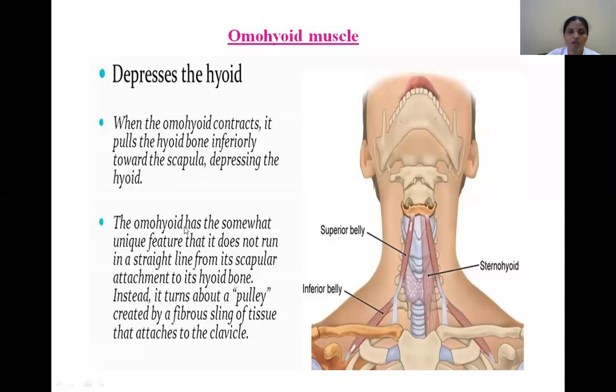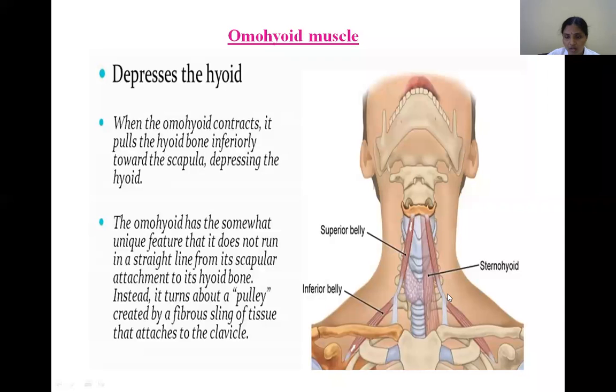The omohyoid has a somewhat unique feature in that it does not run in a straight line. It is obliquely placed in its attachment to the hyoid bone, and it turns about a pulley created by a fibrous sling of tissue that attaches to the clavicle.